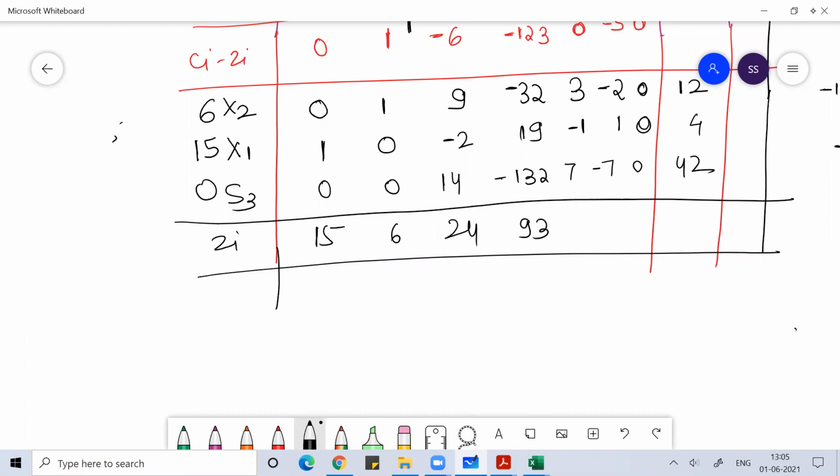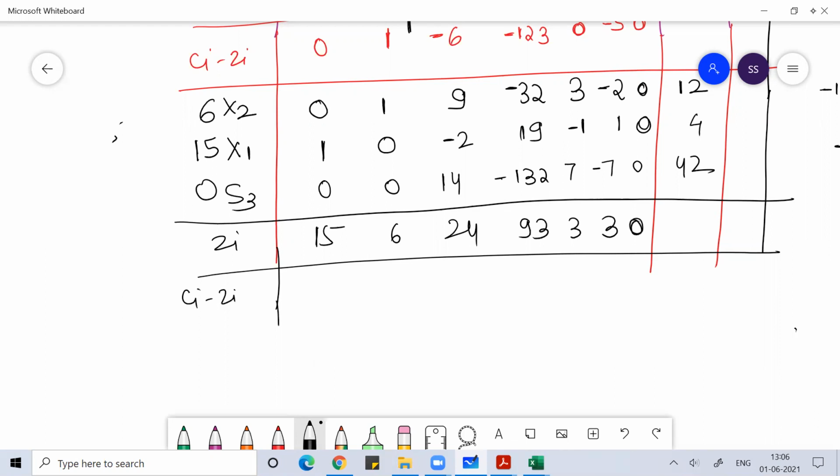Then 18 minus 15, 3. Then minus 12 plus 15, 15 minus 12, 3, and then this is 0.